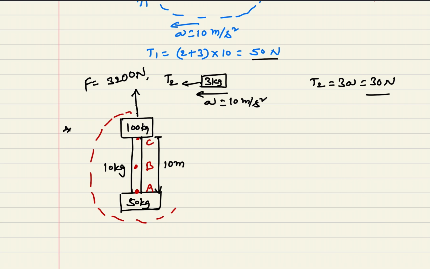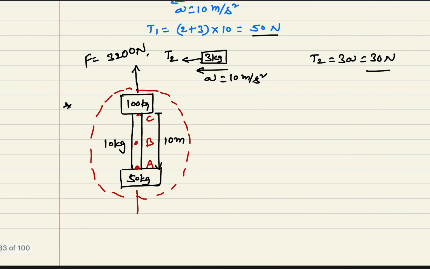First we can see that the whole system is pulled by 3200 Newton, and in the downward direction, 100 plus 10 plus 50, the whole thing into 10, is the weight. So you can write 160, 1600 Newton in the downward direction. As a whole, a will be going up.